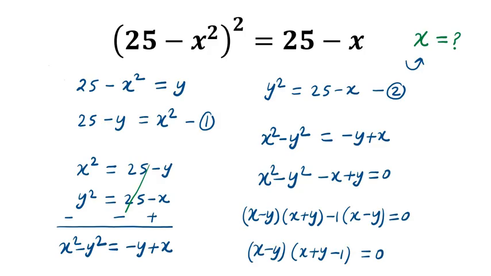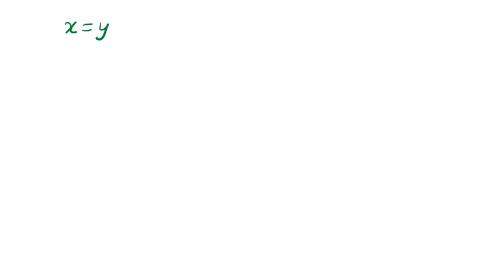Now first we will solve case first, and case first is x is equals to y. Now look carefully at equation number first: x square is equals to 25 minus y. Here y is replaced by x because x and y both are equal.